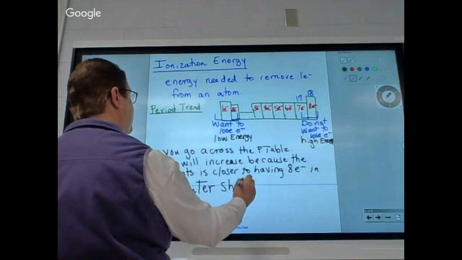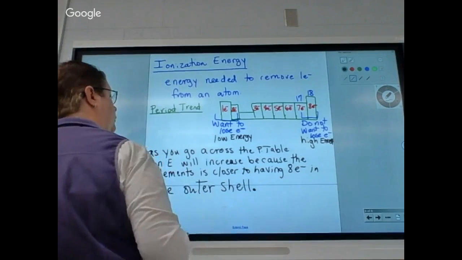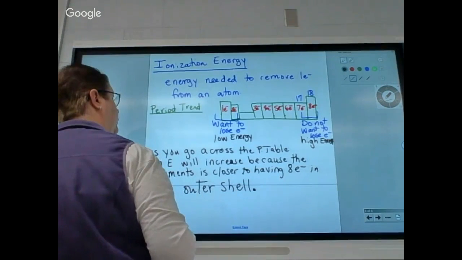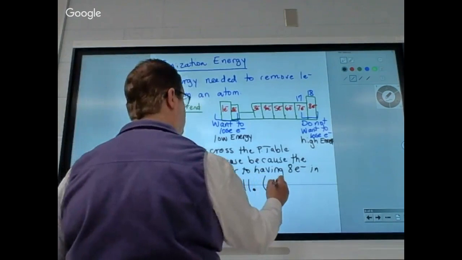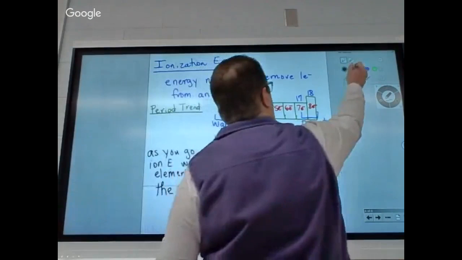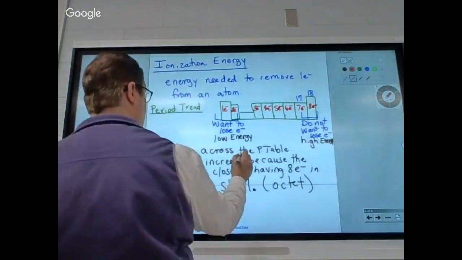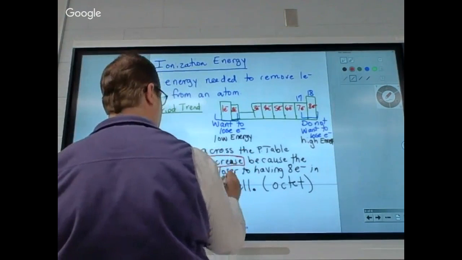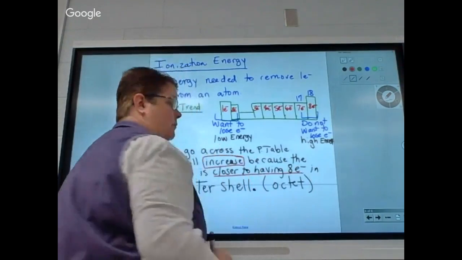What's the name of that again? Octet is a good word, yes. I think that's a fabulous word. Okay, so we use the word increase, closer to having 8.